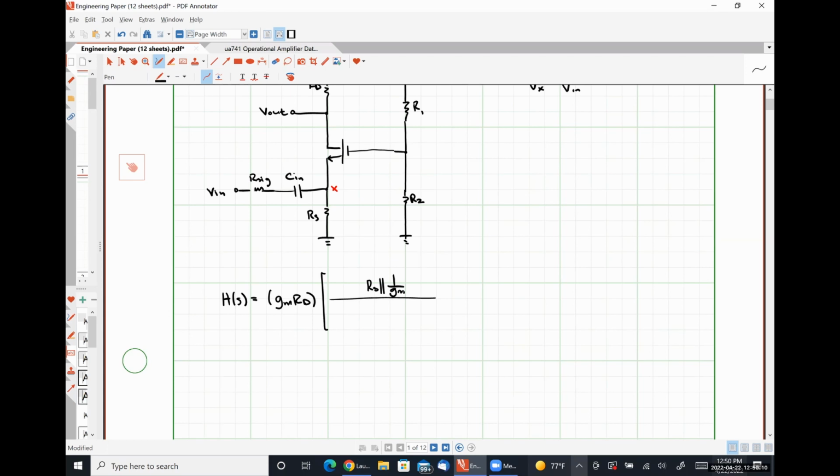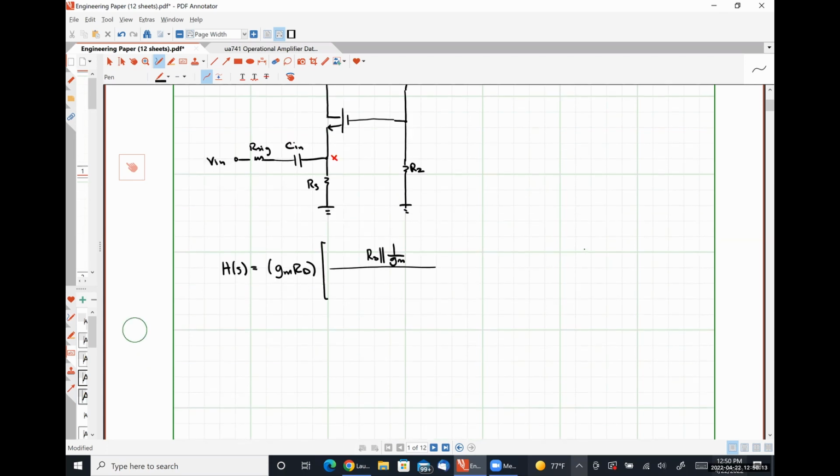And in the denominator, we are going to have R sig plus 1 over sCin plus RS in parallel with 1 over gm. Are you guys okay with this voltage divider expression here? Anything seem wild or wacky? Because we're about to mess with it a little bit.